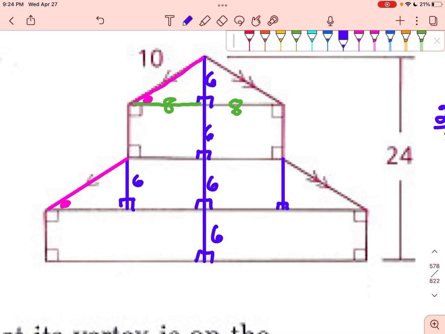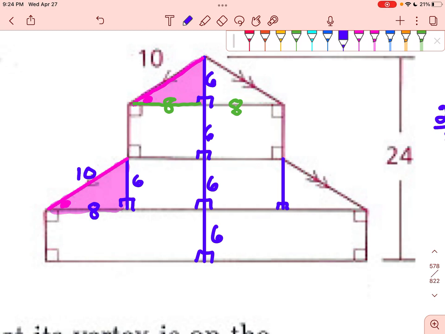So in these 2 triangles that I'm looking at, these 2 pink triangles, we have the pink angles that are congruent, corresponding angles. We have the right angles that are congruent, and we have the height of 6. Therefore, the triangles are congruent by angle, angle, side. And if the triangles are congruent, I can say this side right here is 10, and this bottom side right here is 8.